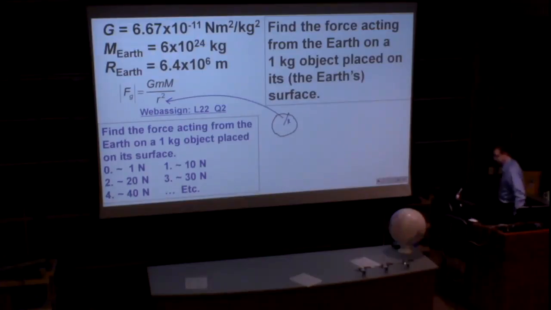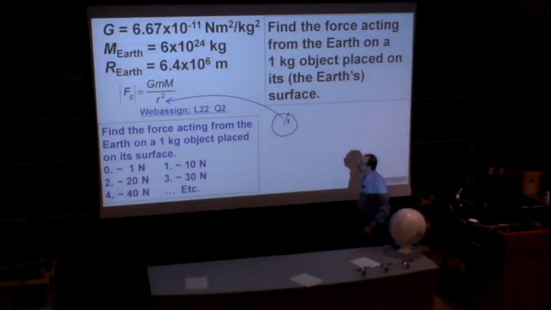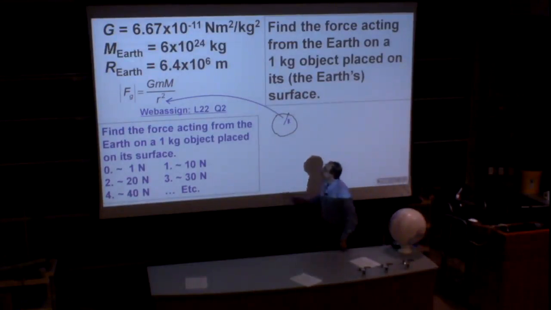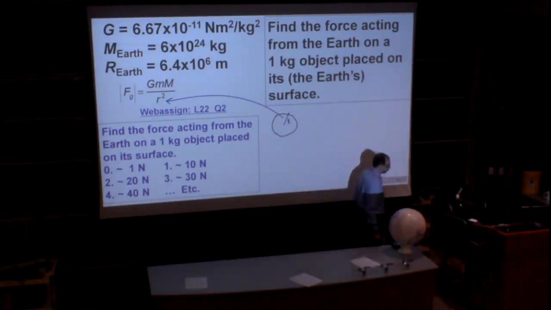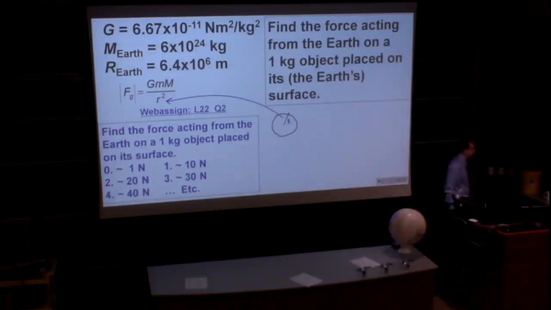The constant described by the capital G is called the universal gravitational constant. It's a fixed number, and you can see that the power is -11, so it's a relatively small number, and that means the force of gravity is actually very, very weak.